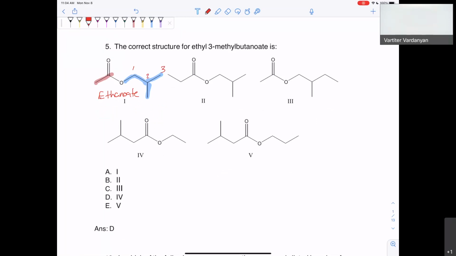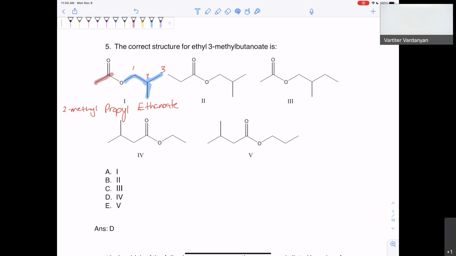We could say that this would be 2-methyl, 1, 2, 3, 4, purple. So just for practice, that's how we would name that one.